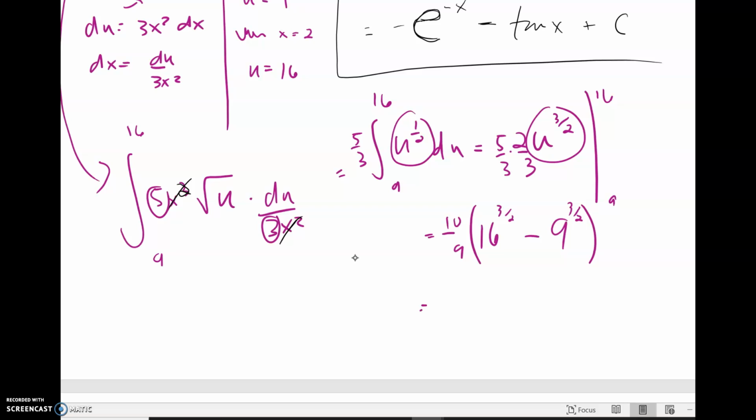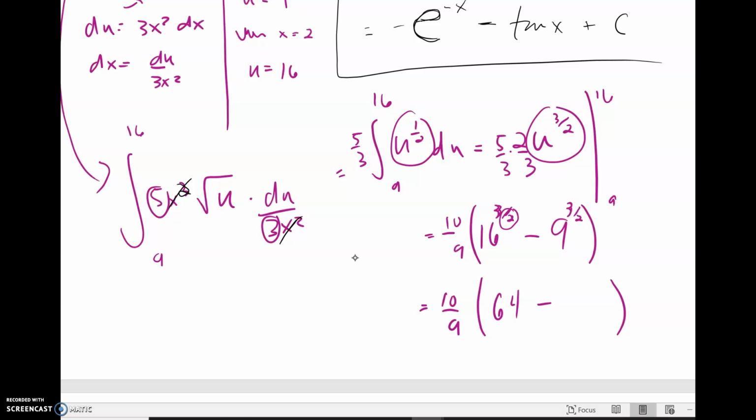Okay, almost done. 10/9, and I have, remember, you can use your calculator, but raising something to the 3/2 is like taking the square root of it and then cubing it, right? So the square root of 16 is 4. 4 cubed is 64. Same thing here, raising something to the 3/2, square root of 9, you get 3.